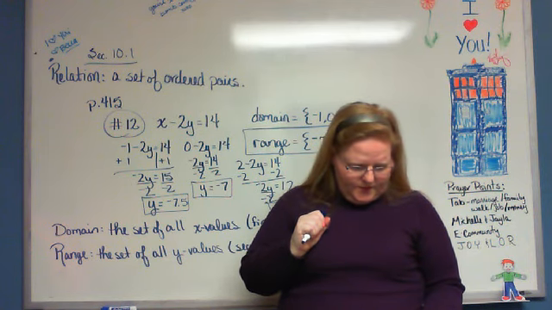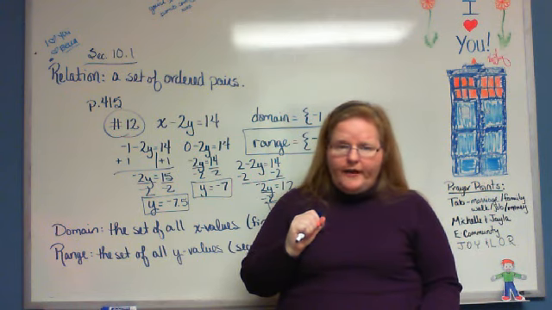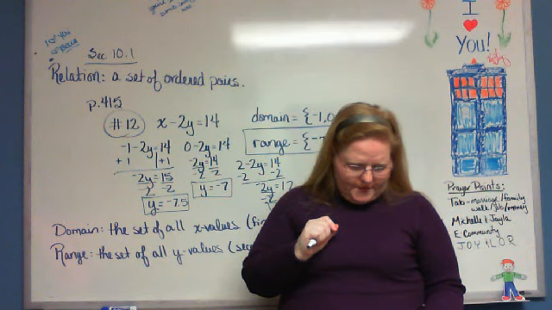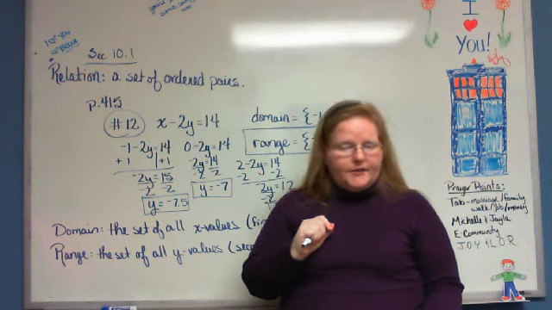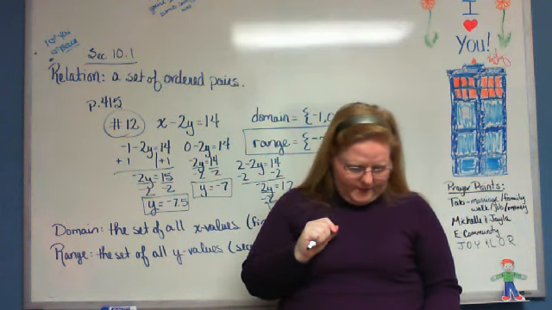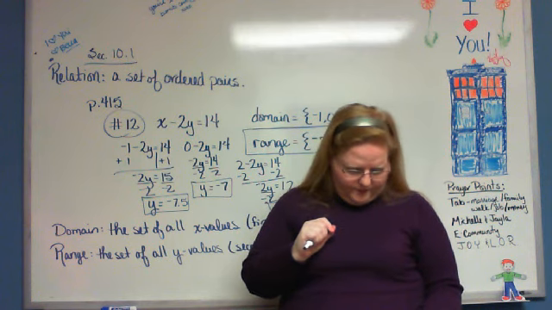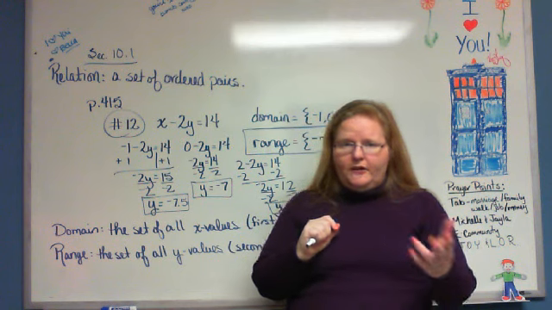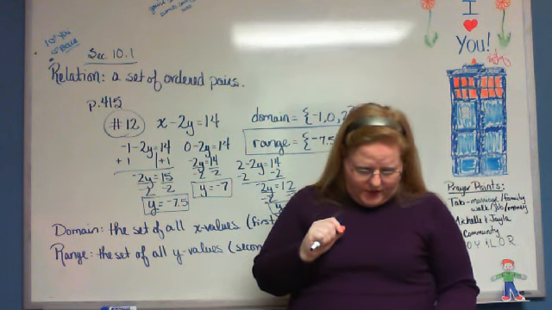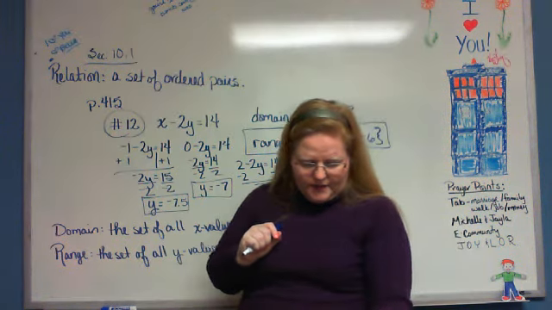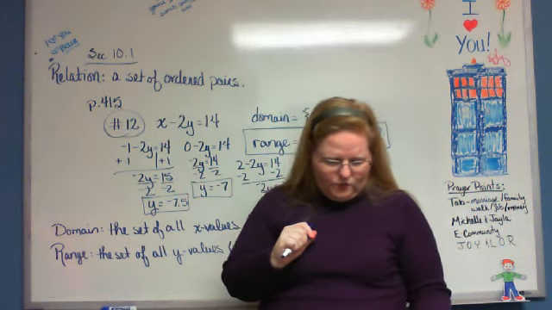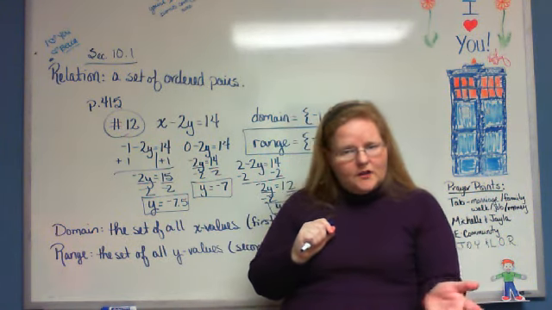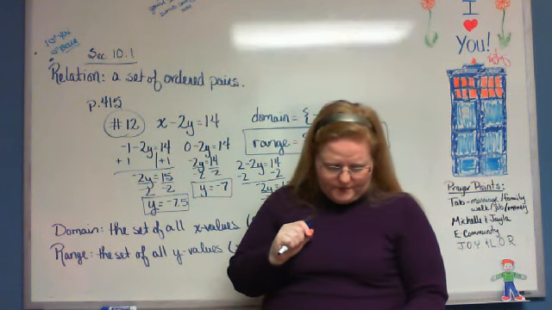They say to state the relation as a set of ordered pairs. So they also want you to go through and write down the ordered pairs. So they'd say parentheses 2 comma negative 1 close parentheses, 5 comma 3, 7 comma negative 1, writing out the ordered pairs like we did before. And then in problem number 6, they give you a mapping and they want you to do the ordered pairs and then tell them what the domain and the range is.